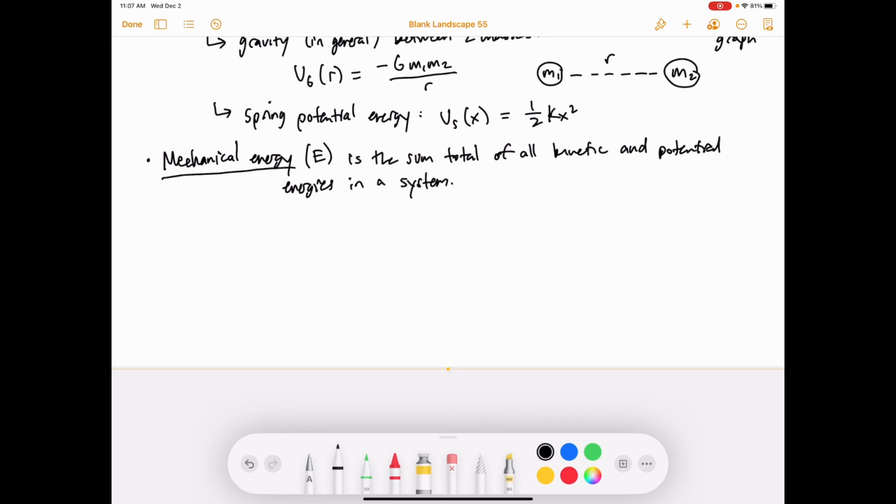So it depends on the specific system you're looking at, but if you add up all the kinetic and potential energies in that system, you have what's called the mechanical energy. So in other words, E is just equal to K plus U.